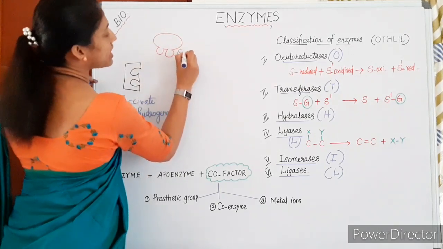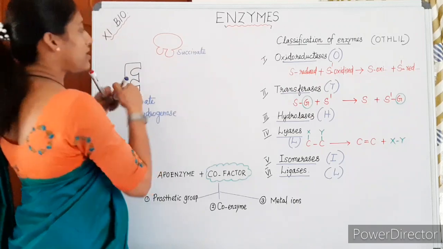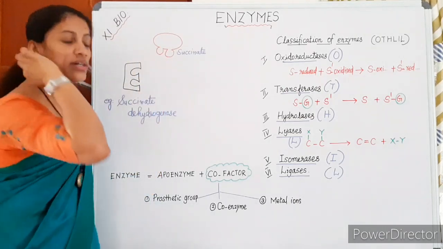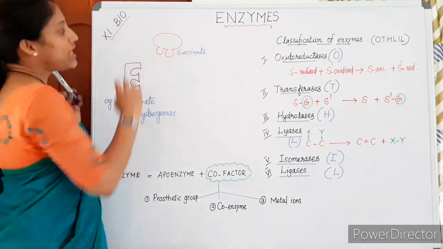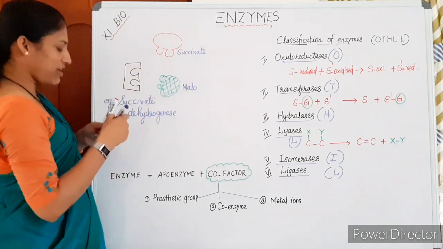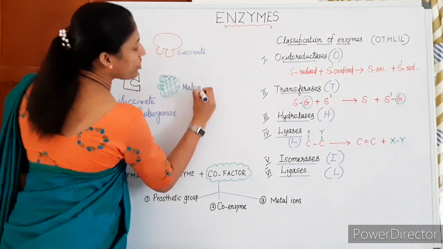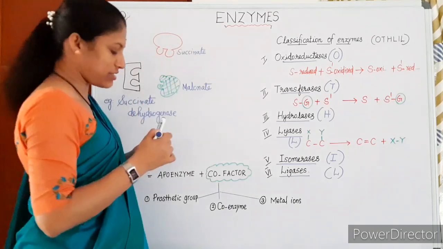This molecule is succinate. It has the structure which can correctly fit into the enzyme active site. Then imagine there is another molecule with the same structural configuration, and the name of the molecule is malonate. Malonic acid, succinic acid.